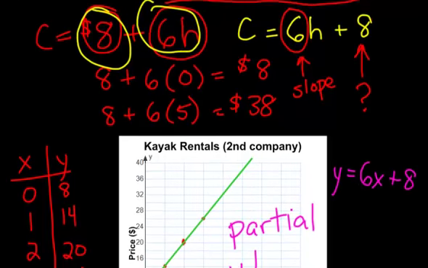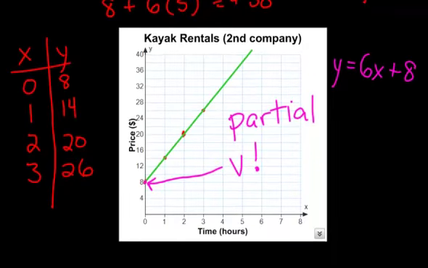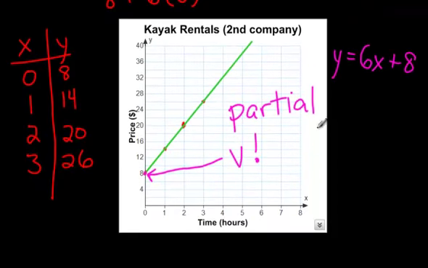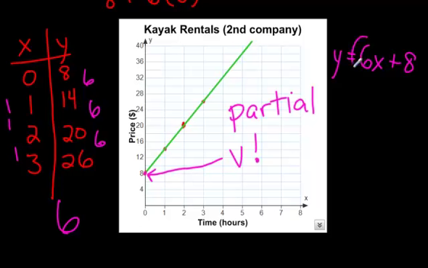Is that right? That's right. It's $6 an hour plus 8. So 6, is that truly our slope? Well, if you looked at the first differences here, you'd see these are all 6 and these are all 1. So yeah, 6 is the slope. So this is the slope as we know from before.